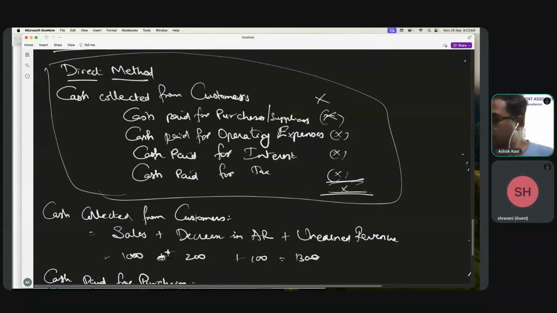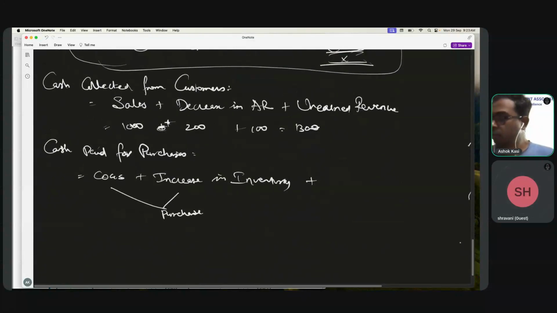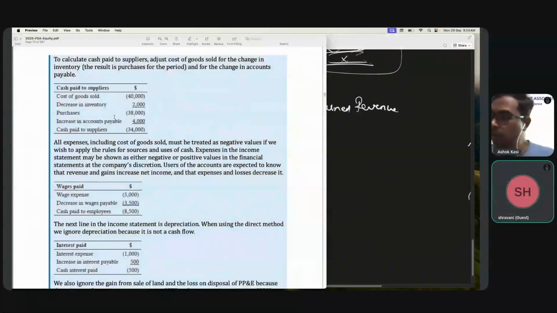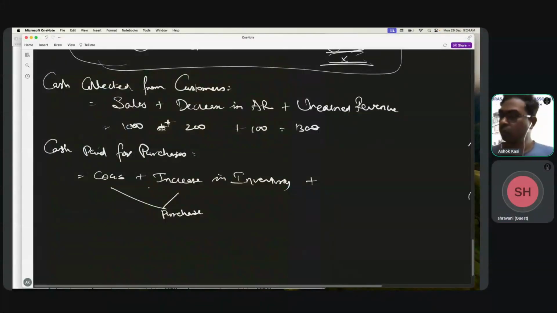So cost of goods sold is purchase. Increase in inventory is also purchase.